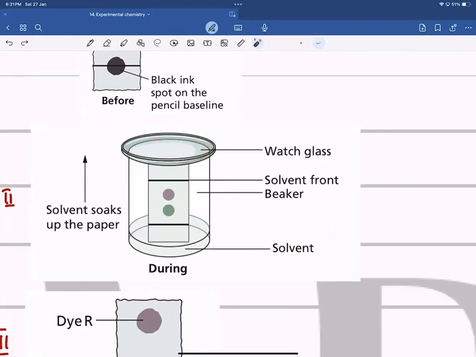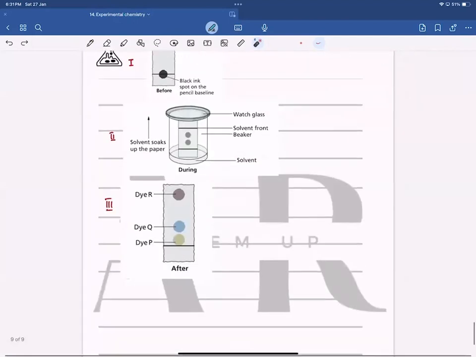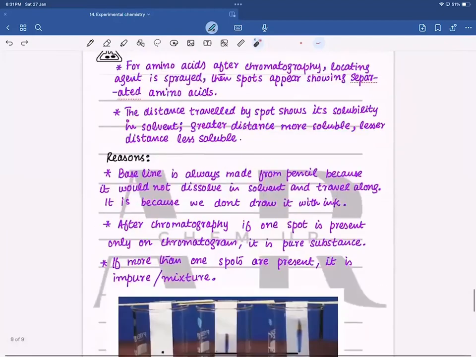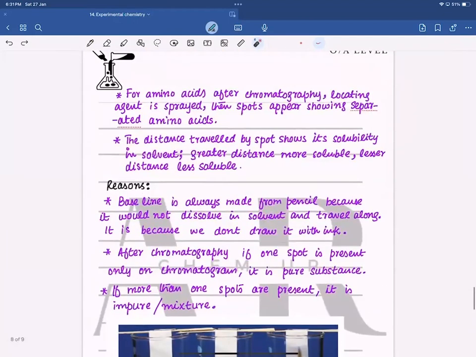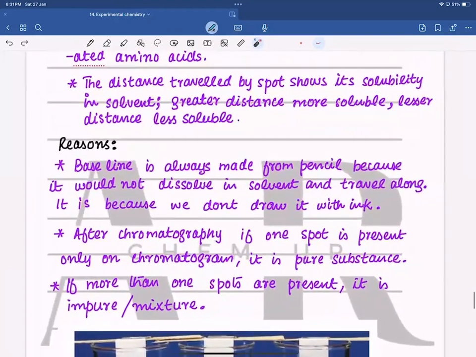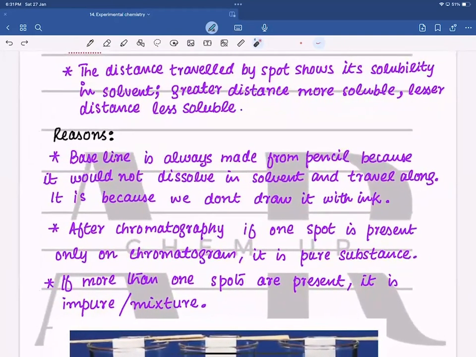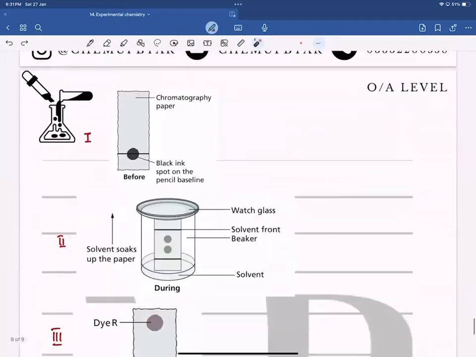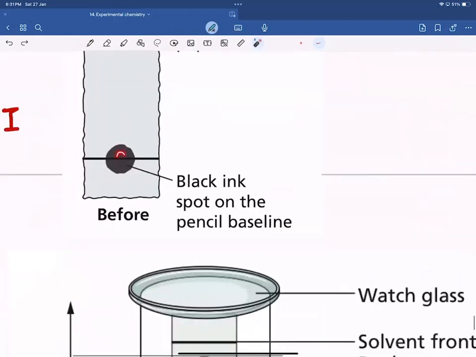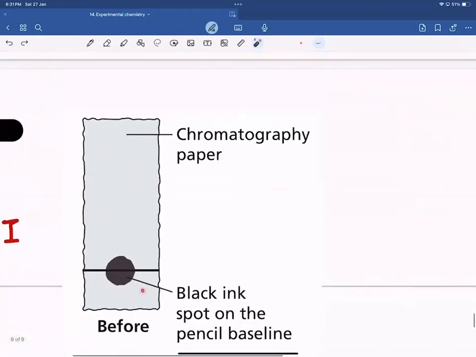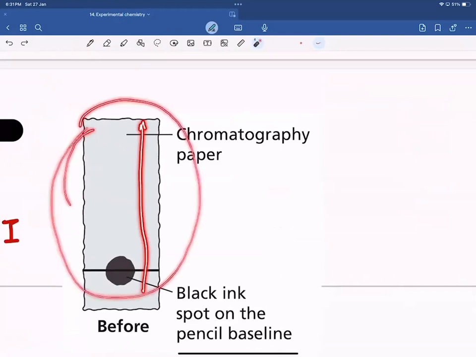Is this clear? Okay. Besides this, we have discussed earlier that for amino acids we do the same thing, but amino acids are colorless. So if you put a spot over here, the spot would be colorless, and after the whole chromatography is done, you are not going to observe any single spot over here.